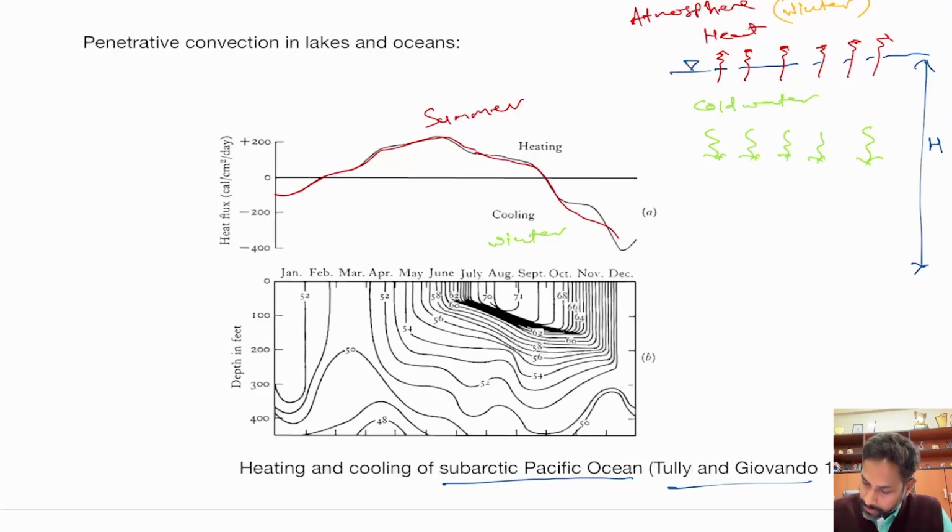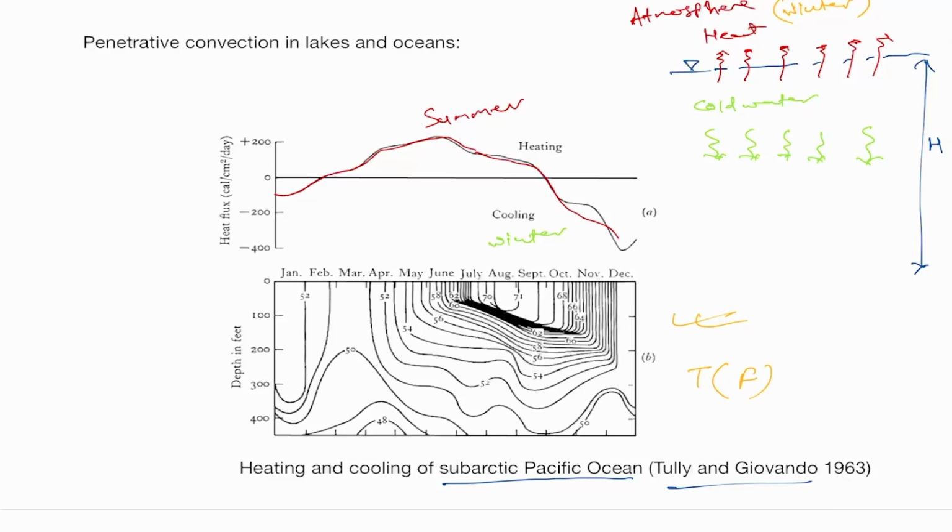And that is why what you see here in this particular figure is different contours, and each contour is showing you temperature in Fahrenheit, and you can see the thickness of the layer in different months. The size of this boundary layer actually increases, right?